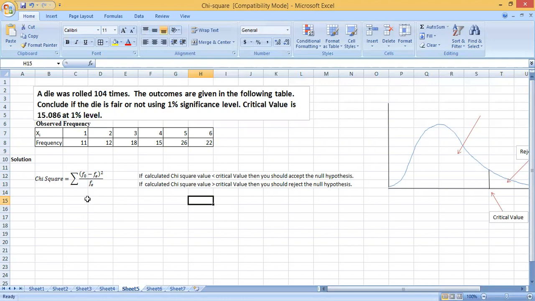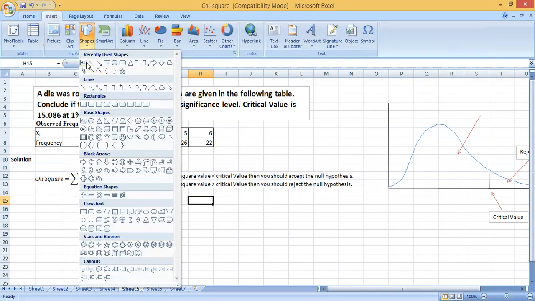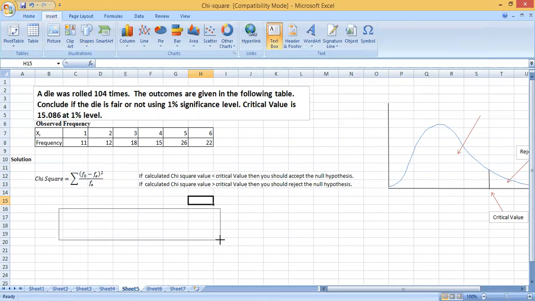Okay, so we have the observed frequency, but we do not have the expected frequency. So before calculating the expected frequency, we have to select the null hypothesis.